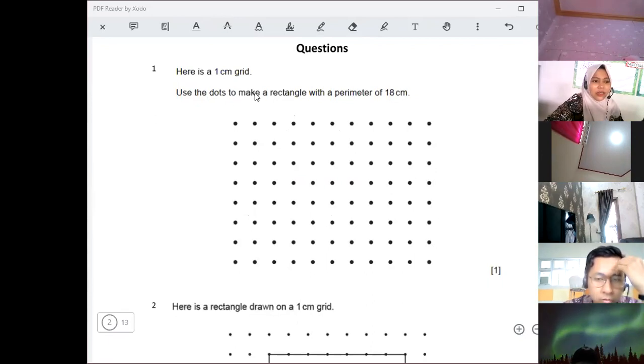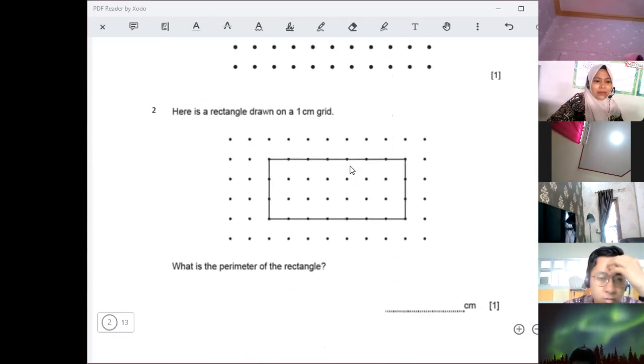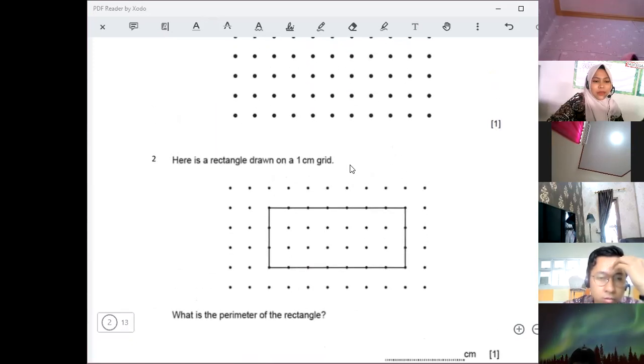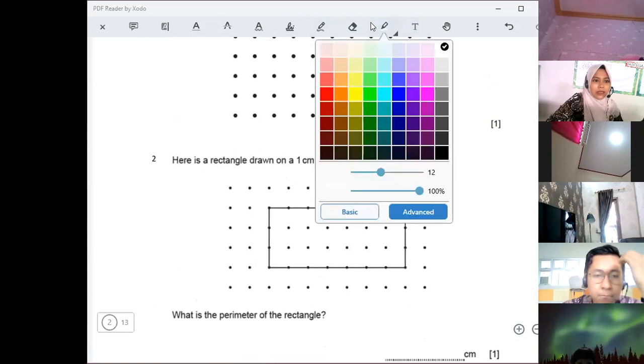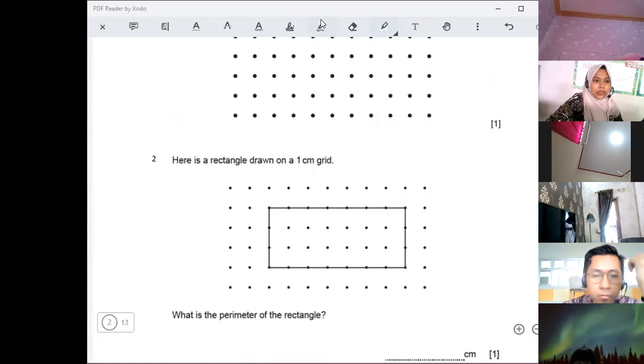Okay, look, use the dots to make a rectangle with a perimeter of 18. Do you still remember what is perimeter, class? Yes, I guess. For example, this one for number 2, yeah. The perimeter is not something inside this, but only the something around.